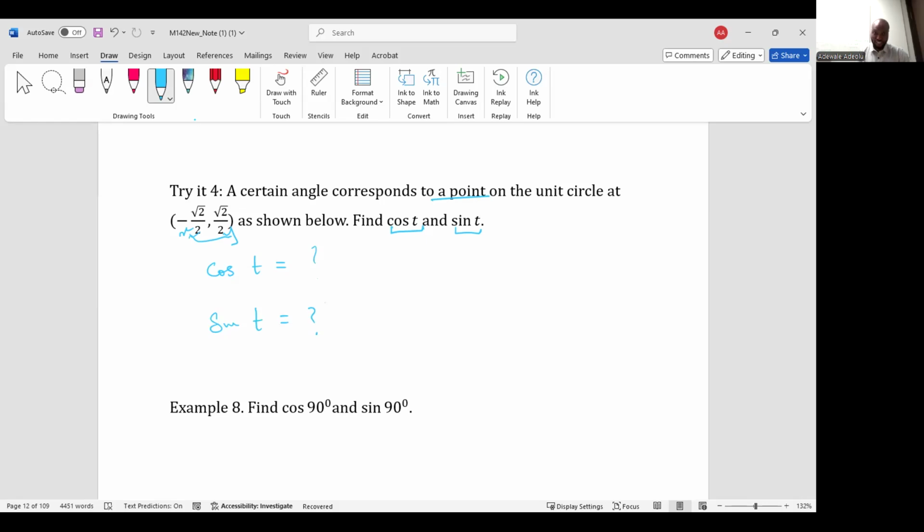Okay, well, it turns out that the cosine of t is negative root 2 over 2, and the other one is root 2 over 2, because this is x and this is y. And remember, our x is cosine of t, and our y is sine of t.